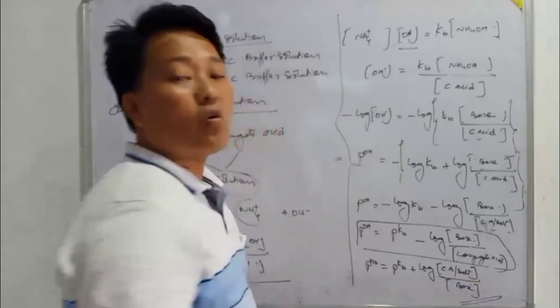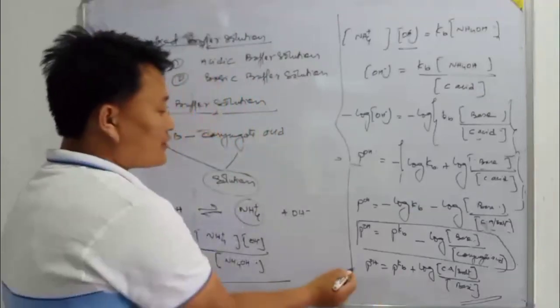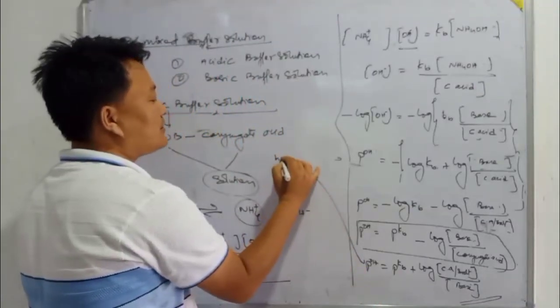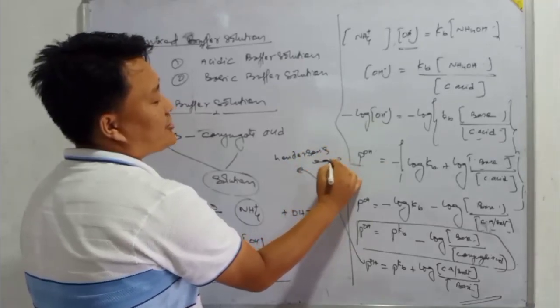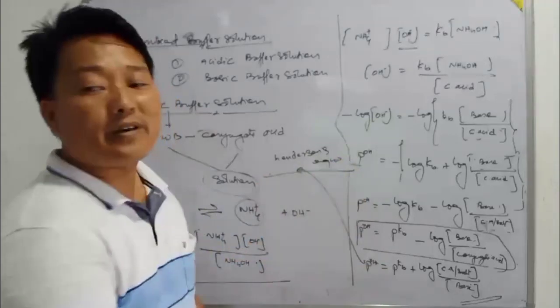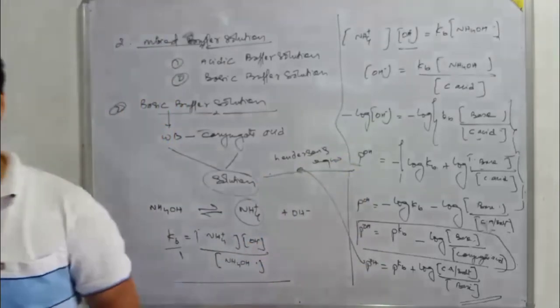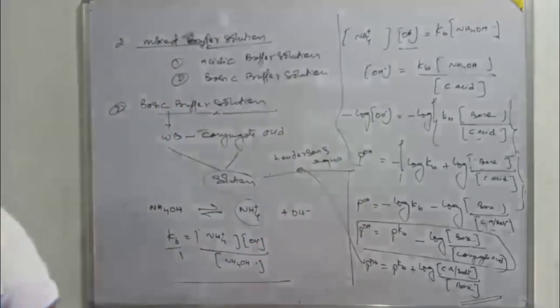And this equation is called the Henderson equation. Because this equation was given by Henderson, therefore it is called the Henderson equation.